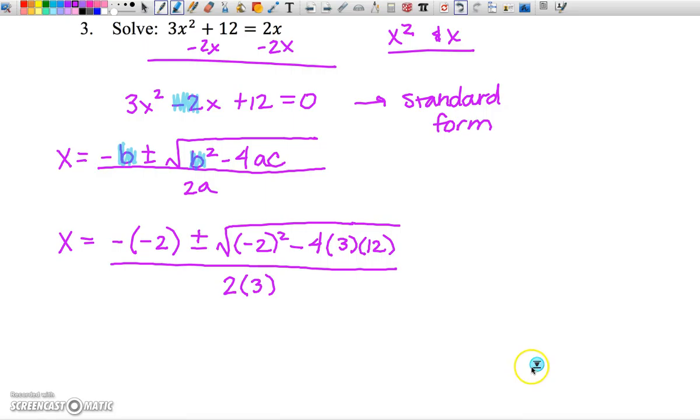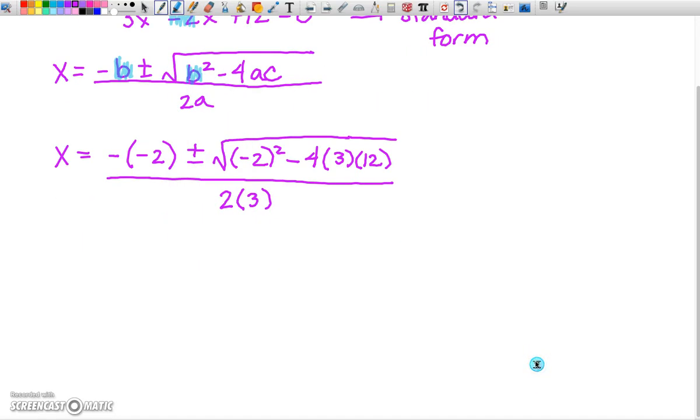All right, so as we go through and simplify here, a negative of a negative 2 is a positive 2, plus or minus a negative 2 squared is a positive 4, and then 4 times 3 times 12 is 144, so minus 144 over 6.